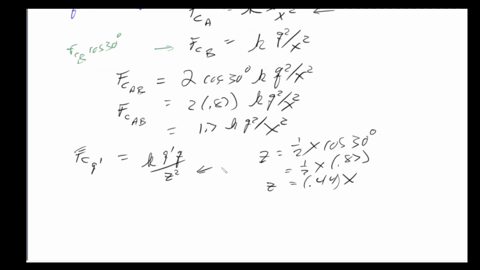And in this equation, we're using Z squared, so Z squared is equal to 0.19 X squared.